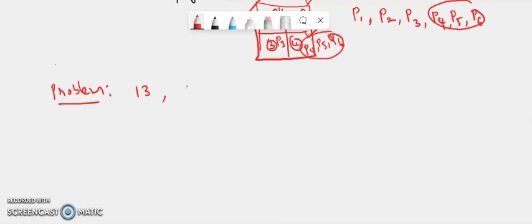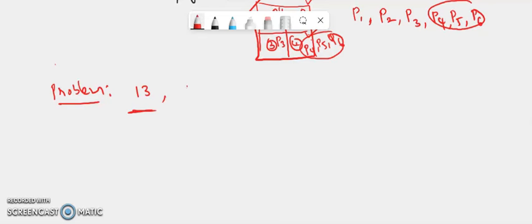I repeat once again. In a group of 13 children, there must be at least 2 children who were born in the same month.